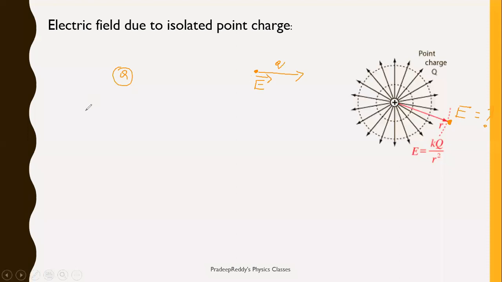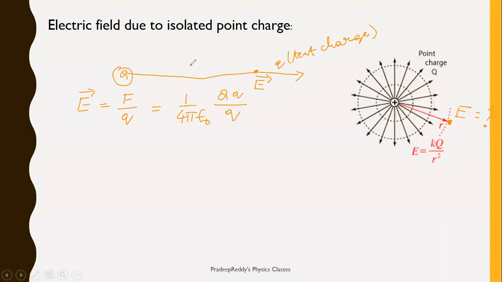So simply you'll use the basic relation: electric field is equal to electric force divided by test charge. See, this is not the test charge, this is the test charge. Now F is equal to 1 by 4 pi epsilon naught, capital Q small q divided by the separation between these two, say R, that gives you R square.